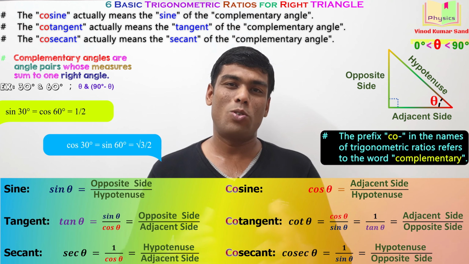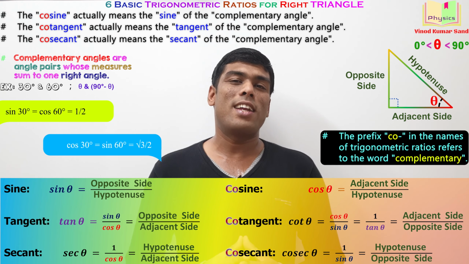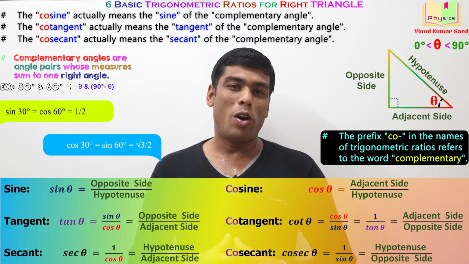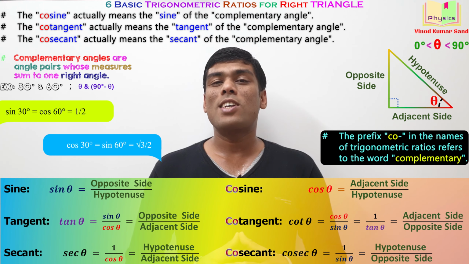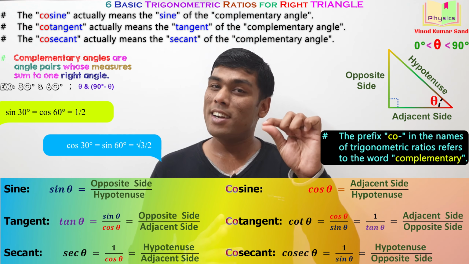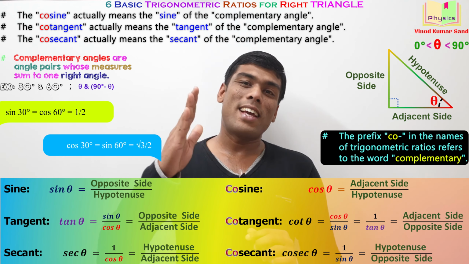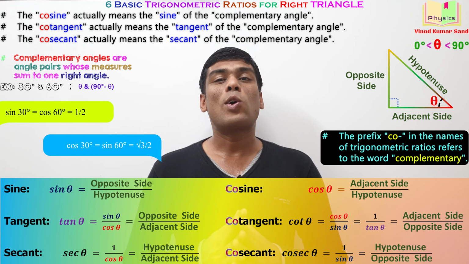Think about it. Try to draw the diagram. If you wish to take theta equal to 0 degrees in the right triangle, can you actually form a triangle? Think about it. If theta is 0 degrees, it means the length of the opposite side will become 0 and the hypotenuse and the adjacent side will be collinear.